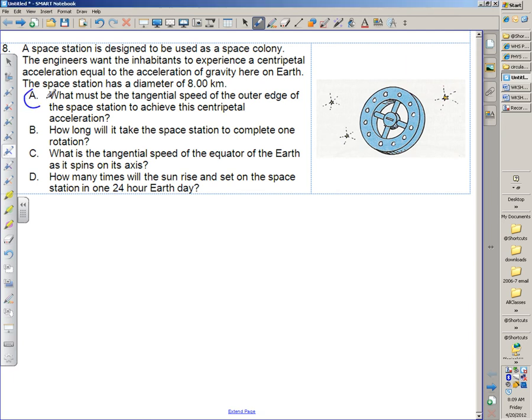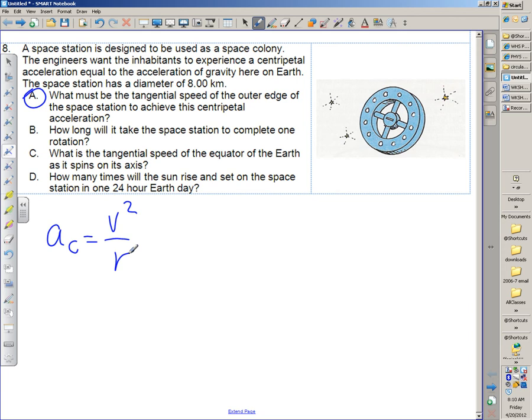For part A, we talked about the centripetal acceleration of an object being determined by its tangential speed. Tangential, there's no extra I in there. And the radius of that object.